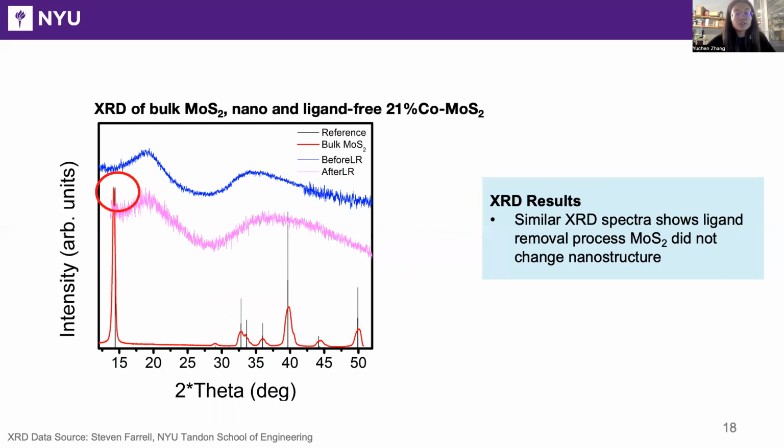It does not show the same peak in nanoscale materials because there are no stacking layers. It is only one single layer of molybdenum disulfide, so we don't see any sharp peak. And second, the pink curve and the blue curve are similar, so the sample did not change after the ligand removal process.